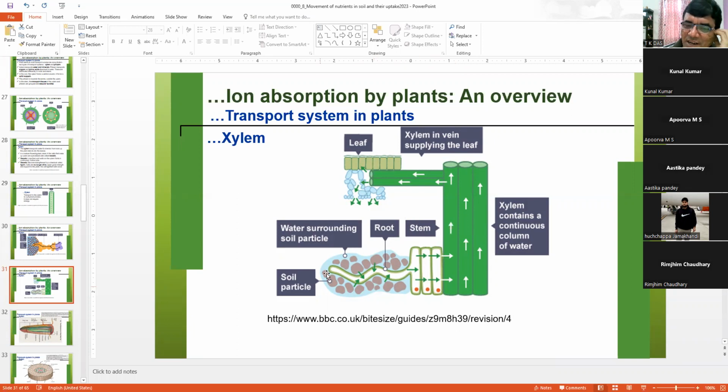You can see it started horizontal and then reaches up to the leaf. Here the nutrients or water will be accumulated, and then again evaporation and so on. This is a very simplified diagram to show you the transport system in plants, the transport of nutrients.